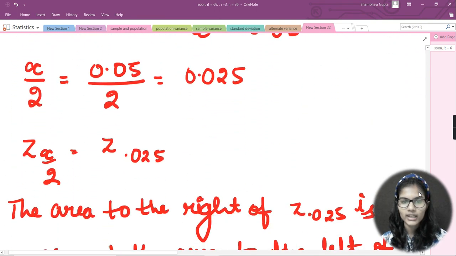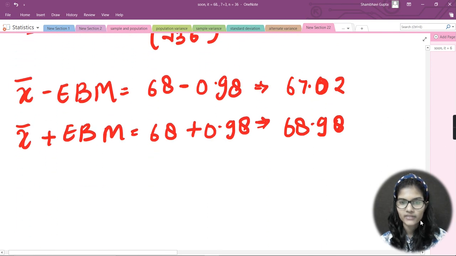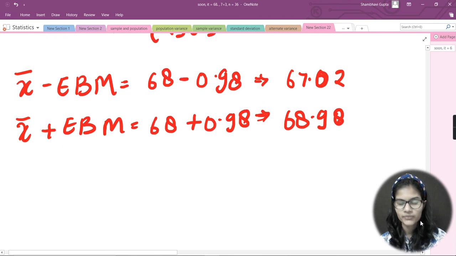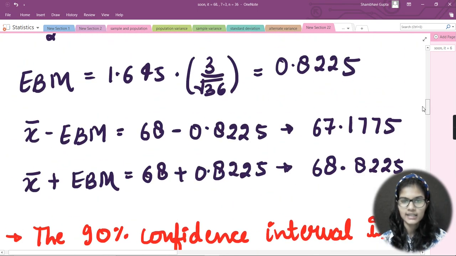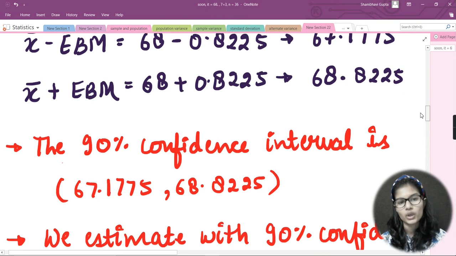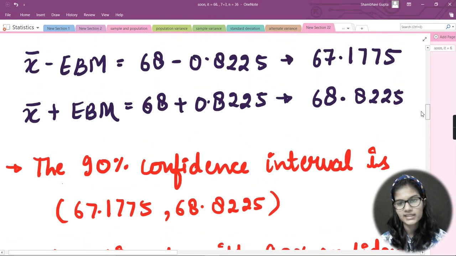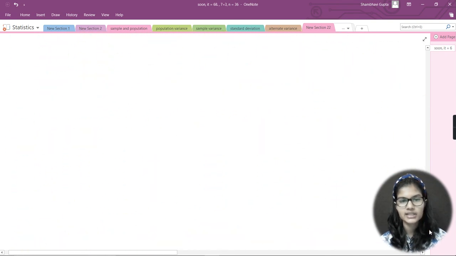Now when I have taken it as 95%, I am having the value as 67.02 for x bar minus EBM. And when I have taken the 95% for x bar plus EBM, I am having 68.98. And when I have taken the value x bar plus EBM for the 90%, then I was having 68.82. So yes, there is a difference in the value.